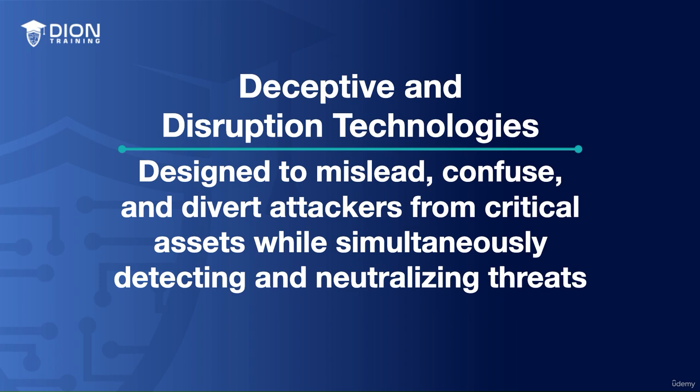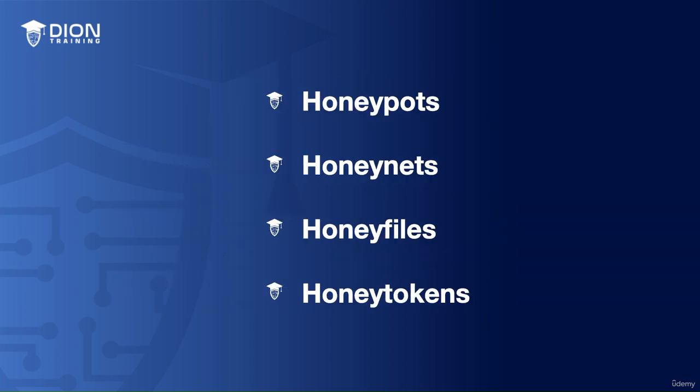By creating a dynamic environment or presenting false information, these technologies can delay and deter adversaries, giving organizations an upper hand in identifying and countering malicious activities. The 4 commonly used deception and disruption technologies are honeypots, honeynets, honeyfiles, and honey tokens.